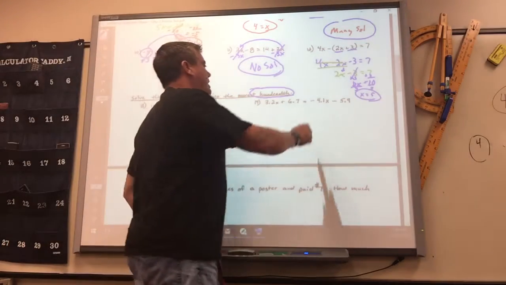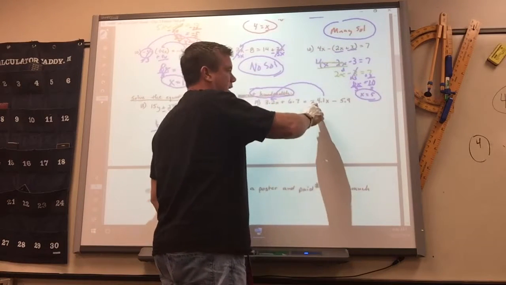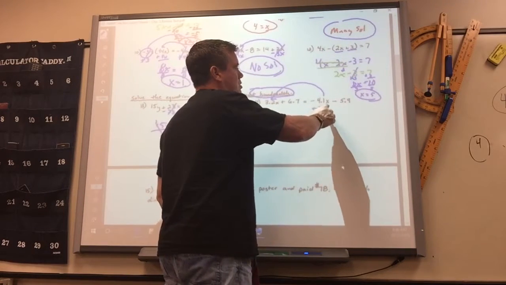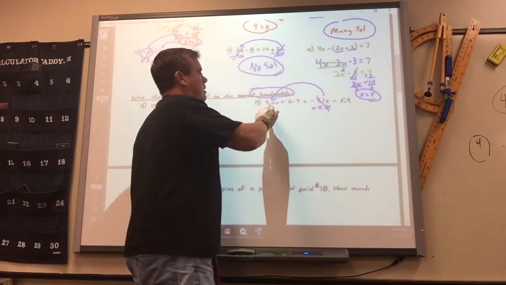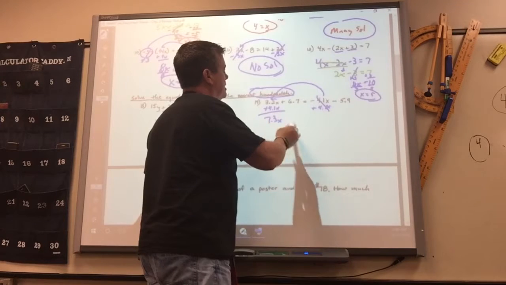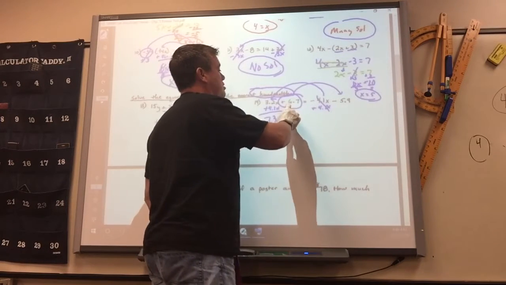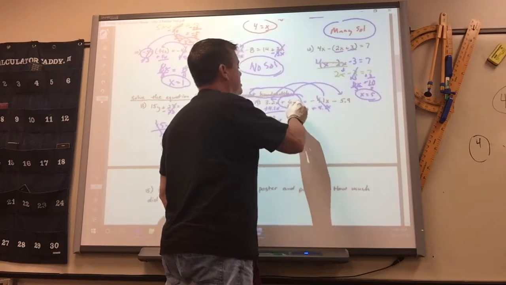We've got x's on each side, so I'd move this one over. When you're moving it over, it changes signs, or you do the opposite, whichever way you want to think of it. So 7.3x. Get the non-x's to this side, it's a plus, so I got to do the opposite, minus 6.7.